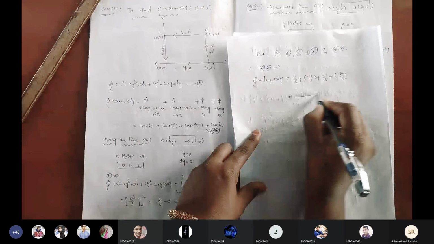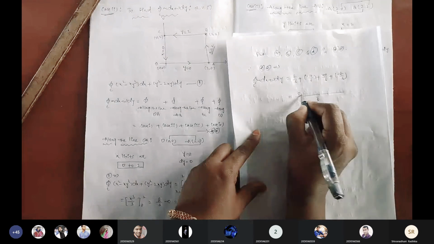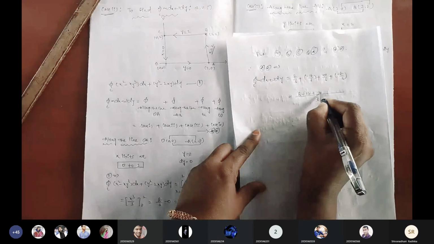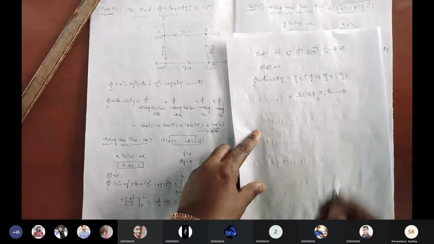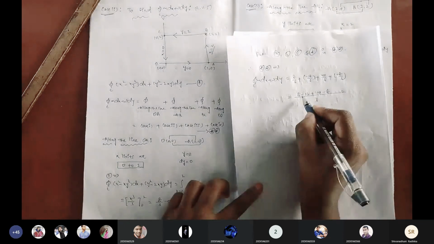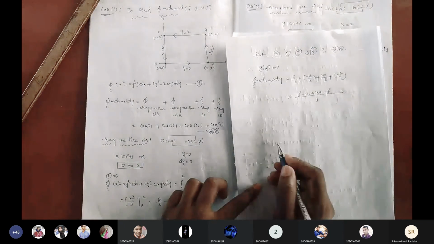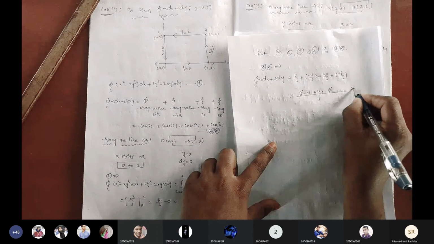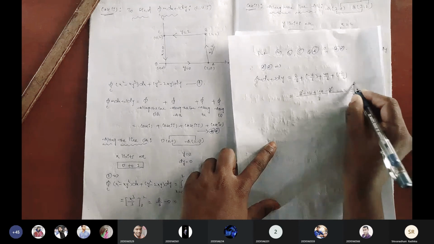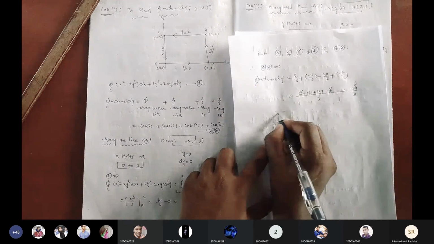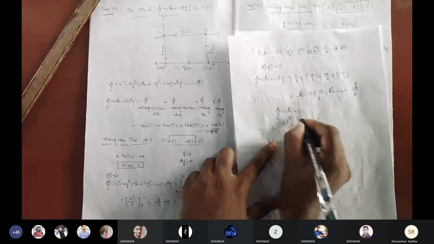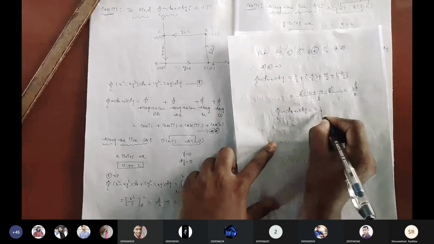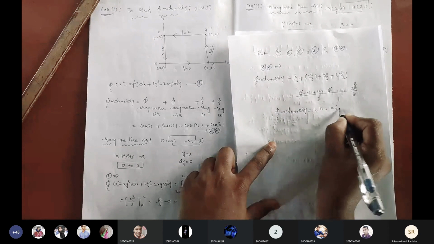LCM is 3, all having 3's here. 8 minus 16 plus 40 minus 8. Is it clear? Plus 8 minus 8 get cancelled. 40 minus 16, what is the value? 24, right? Now 24 by 3, 3 8s are 24. Then the integral over curve C of m dx plus n dy, the LHS, I am getting 8.